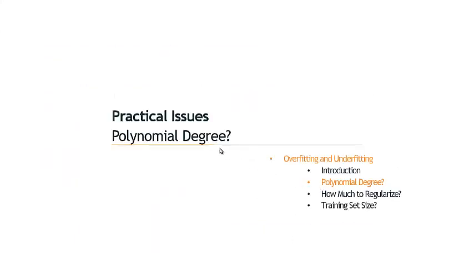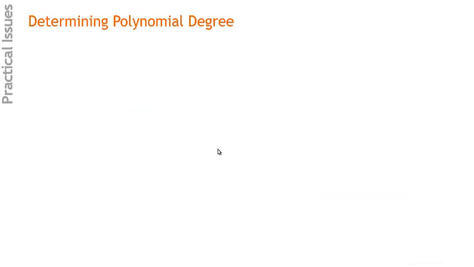So let's consider the question of polynomial degree. Remember the symptoms of overfitting and underfitting. Underfitting: the fit is poor on the training set as well as the testing set. Overfitting: the fit is good on the training set but poor on the testing set. Now, the testing set is the final determination of our performance of the model.